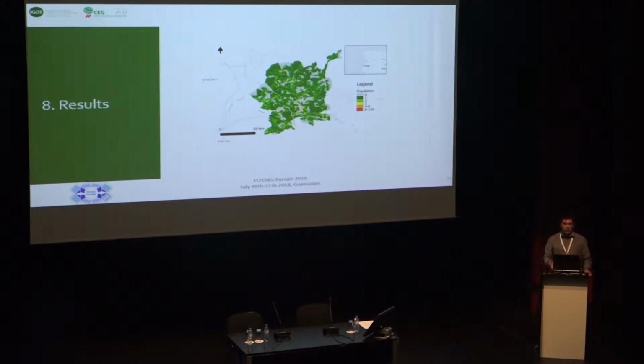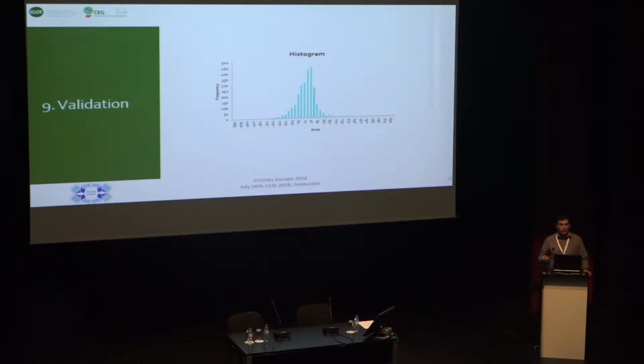And if we have some results, we need to have some validation. The first validation is that the people that we have initially must be the people that we have in the final raster. And that validation was clear for us. Then the other validation was how this distribution affects the population in each cell.